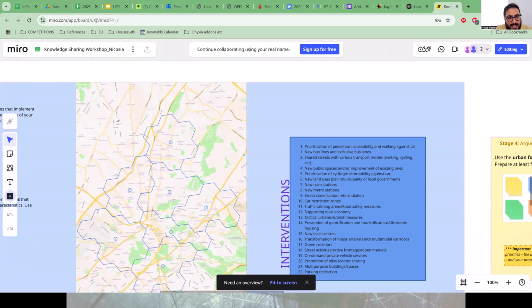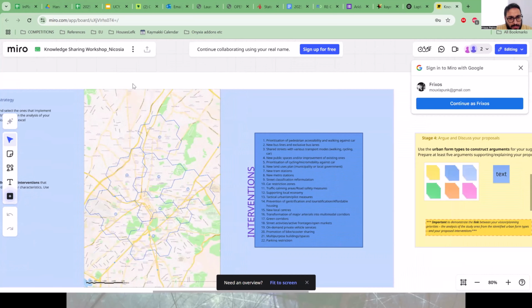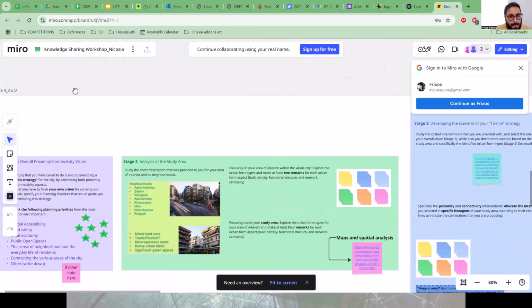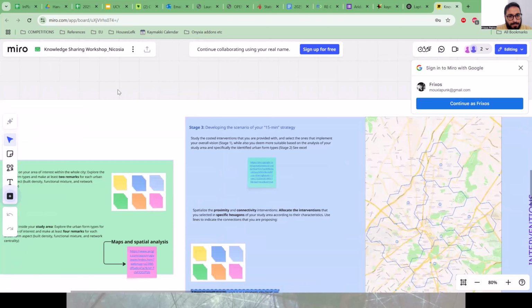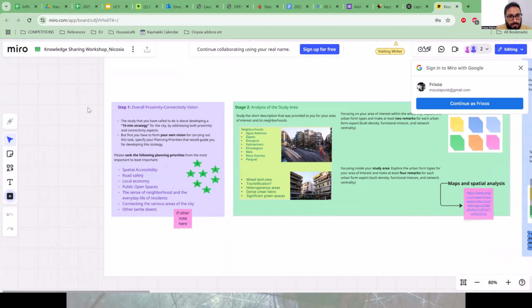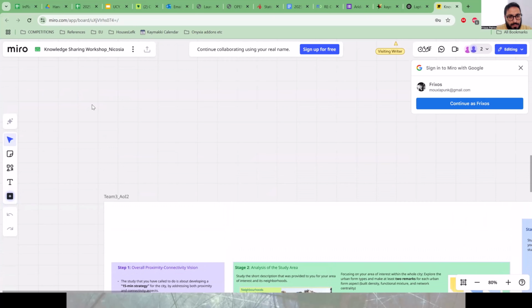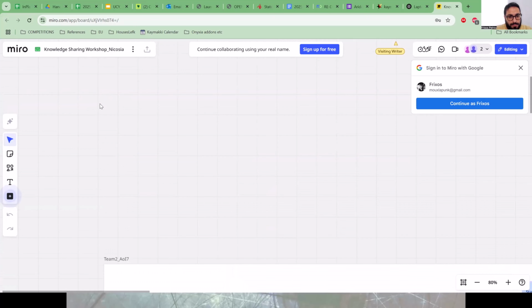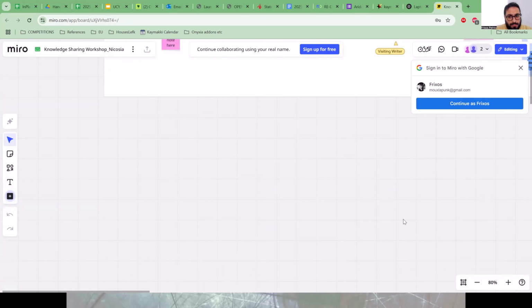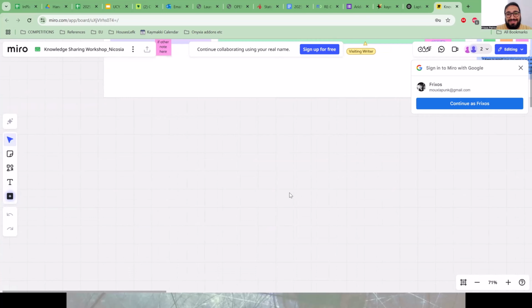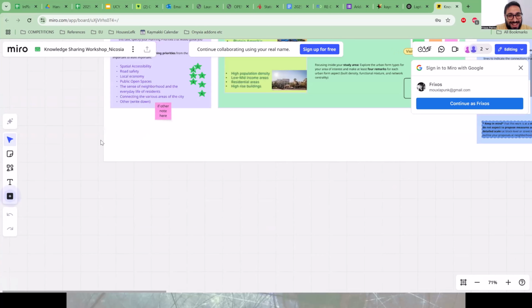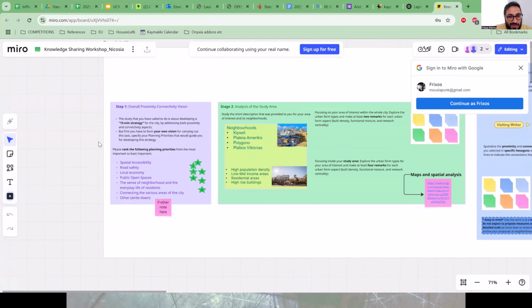So here is the Miro. We will move one step at a time. At the first step, you will have to rank your plan priorities.